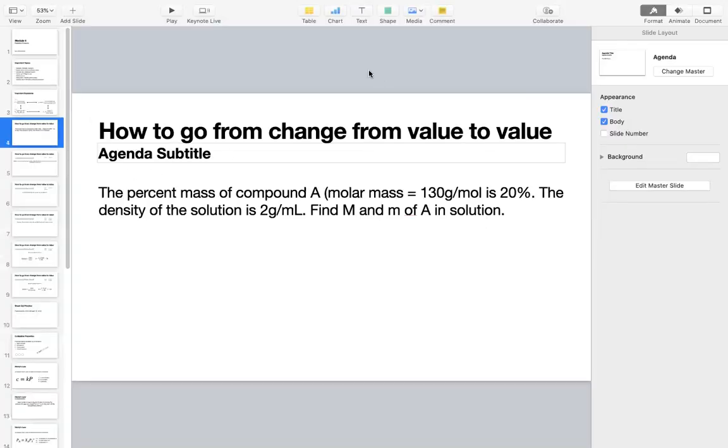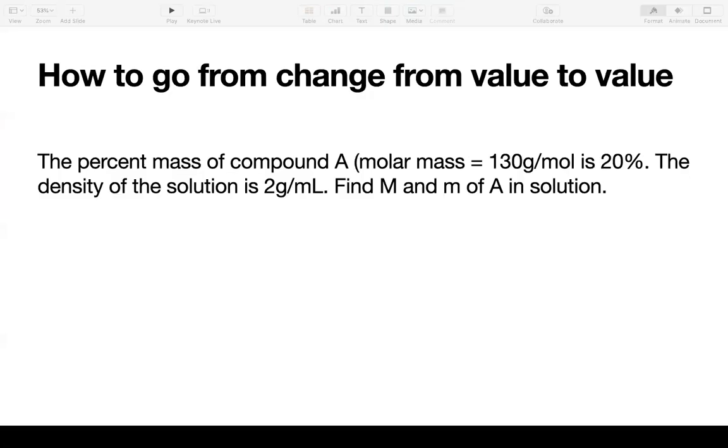It gives us the molar mass, density, and the percent composition for this problem.